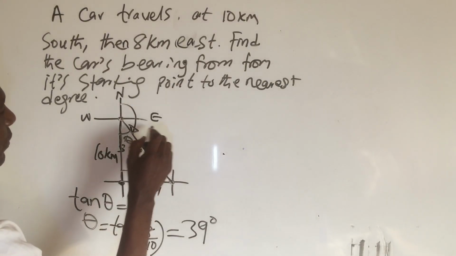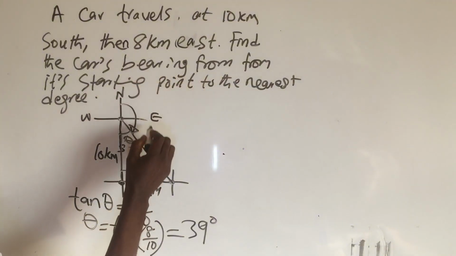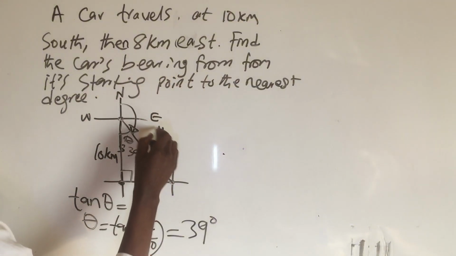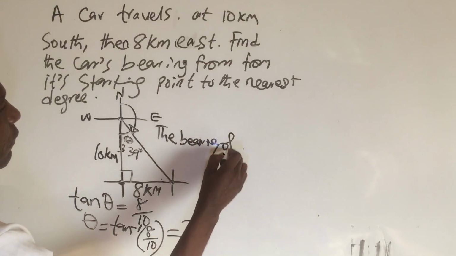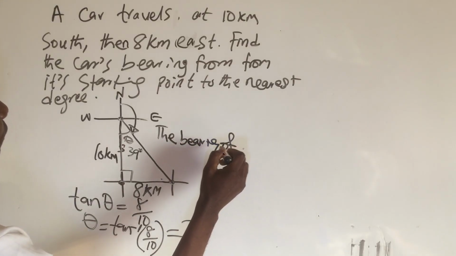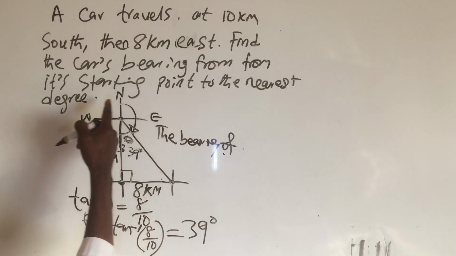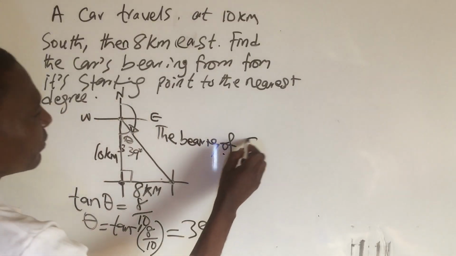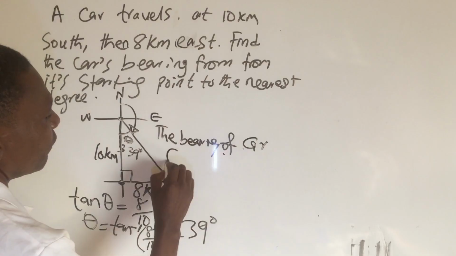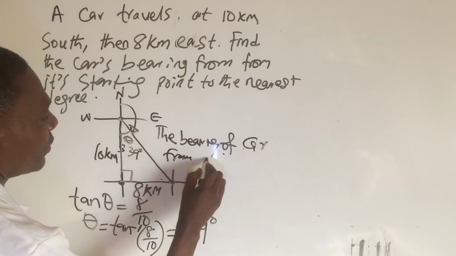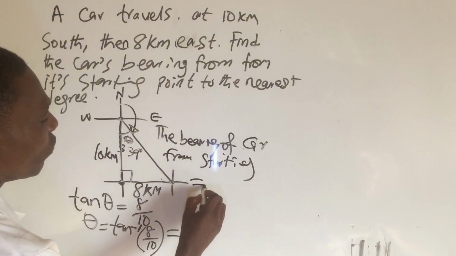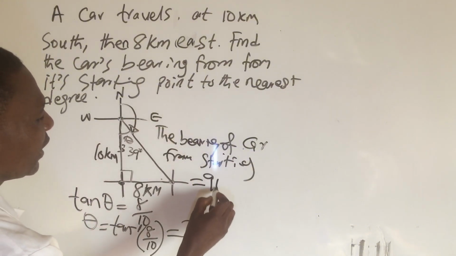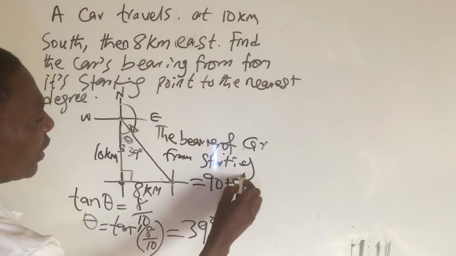Therefore, the bearing of the car from the starting point will be equal to 90 plus 51.